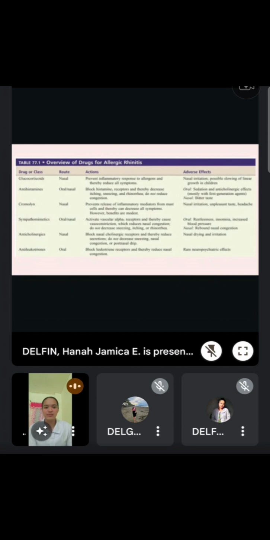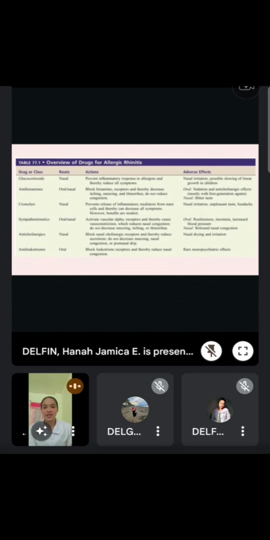Anticholinergic effects, drying of nasal secretions, dry mouth, constipation, and urinary hesitancy are common with first generation agents and relatively rare with the second generation agents.